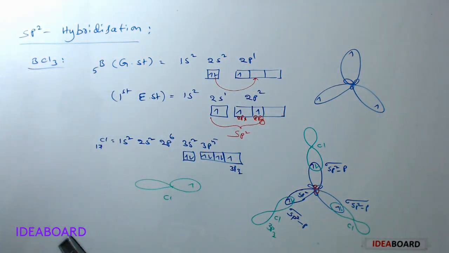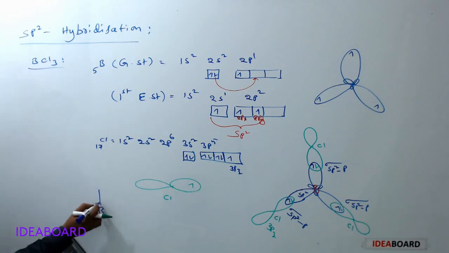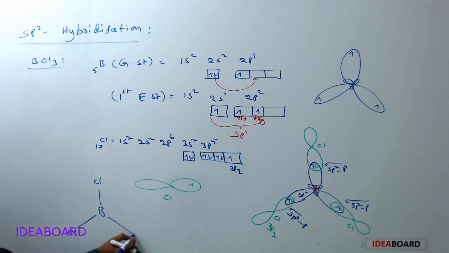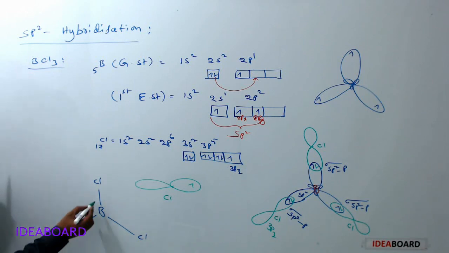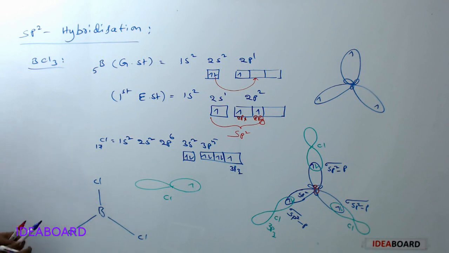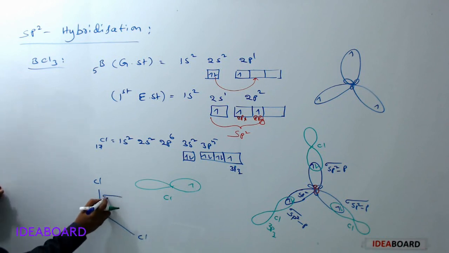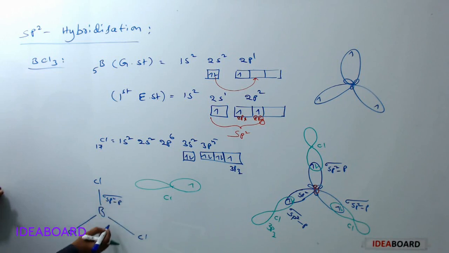So in such a way, if boron trichloride is taken, this is 1, this is 2 and this is 3. 3 chlorine atoms are present, and all these are sigma sp2-p bonds. And the bond angle between any two bonds is 120 degrees.